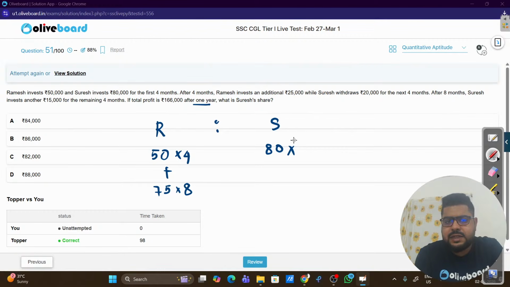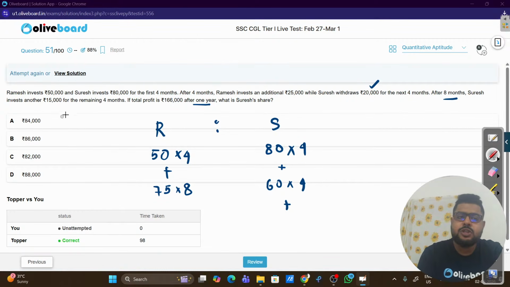Now, what about Suresh? Suresh initially invested 80,000 for 4 months. After 4 months, he withdraws 20,000, meaning now he has 60 for the next 4 months. After 8 months, Suresh invested again 15, meaning it becomes 75, for the next 4 months. First, 4 you can take common and cancel.